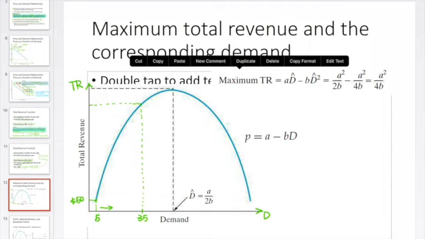That's very easy to understand, right? You sell more, you got more income. And then your total revenue could be much higher than $50. If this is 50, then this height might be maybe 500.